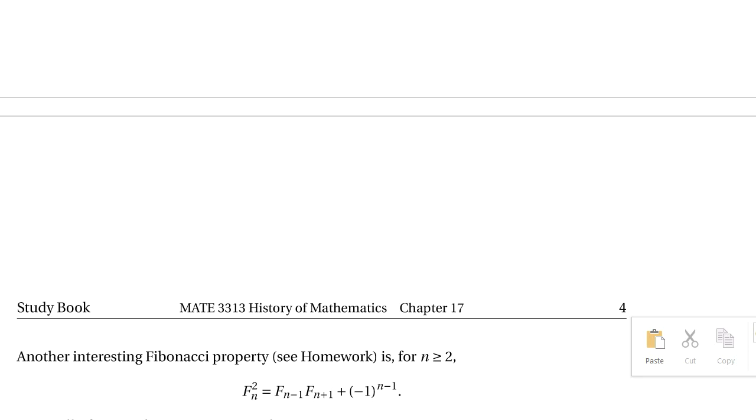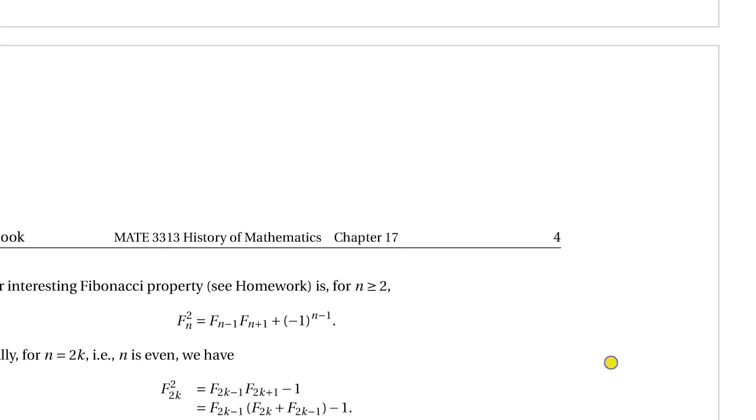No matter what n we have, Fn squared is actually the product of its previous and next terms, Fn minus 1 times Fn plus 1, plus negative 1 to the n minus 1. So it could be plus 1 or minus 1. Please check several examples from the table, but here I only give you the proof of this one.